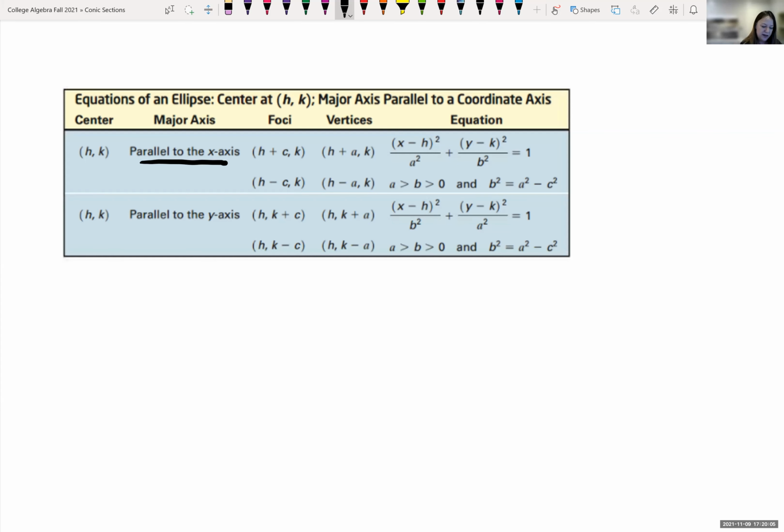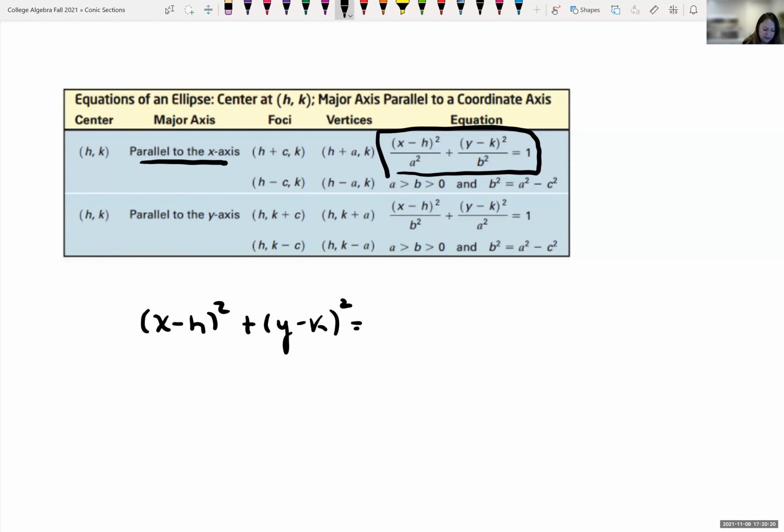And so notice that in here we have this x minus h quantity squared plus y minus k quantity squared is equal to 1, actually. And this x minus h quantity squared is over a squared, and this y minus k quantity squared is over b squared. So really, technically what I do is I look at my denominators, which one is the bigger number, depending on if it's underneath the x values or the y values, depends on if it's elongated with the x-axis or with the y-axis.